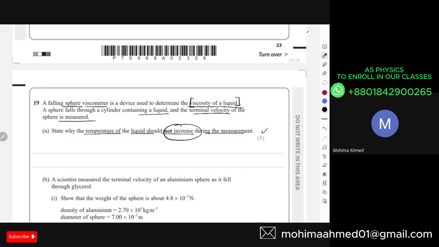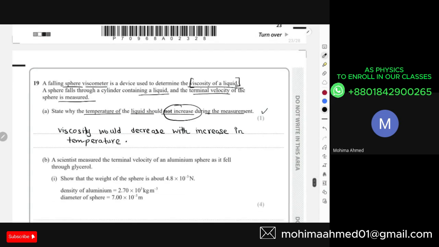You can just write, viscosity would decrease with increase in temperature. That's enough. With increase in temperature, right?